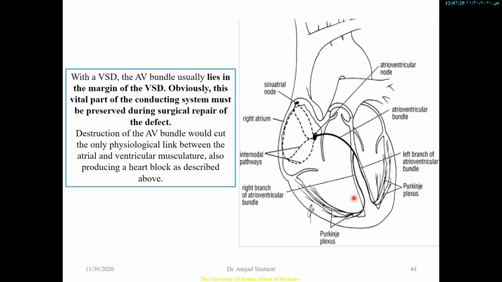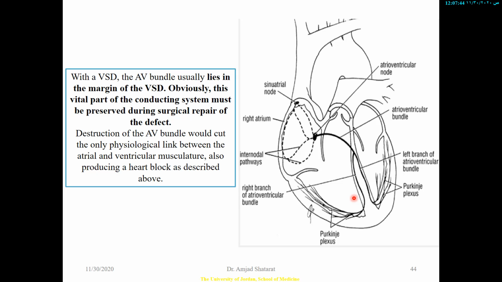Now, unfortunately, the bundle of His, which is the only connection between the atria and the ventricle, is running right in this membranous part.